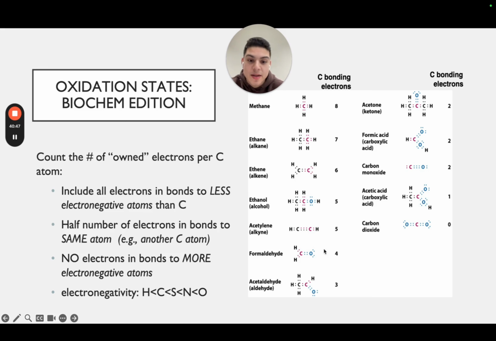What that means is, for example, we're taking formaldehyde right here, right? And we're saying that the carbon only owns 4, and those are the ones that are to the hydrogen. It doesn't take any of the electrons from oxygen because oxygen is more electronegative than carbon. And for electronegativity, if you ever need a quick rule, it's this table right here, where hydrogen is the least, oxygen is the most, and then it sorts itself in between.